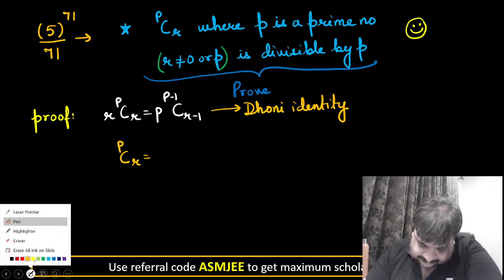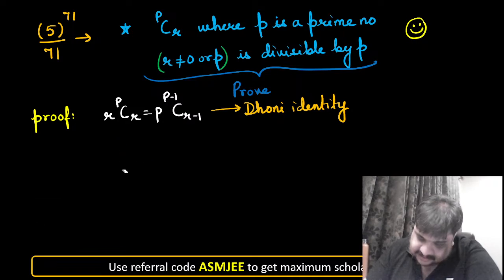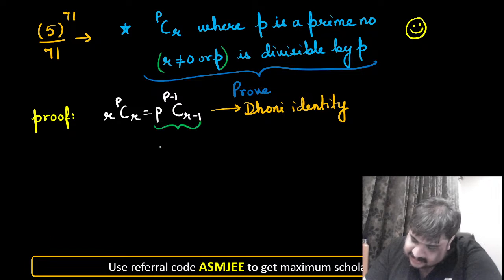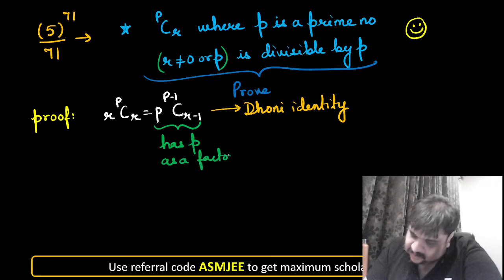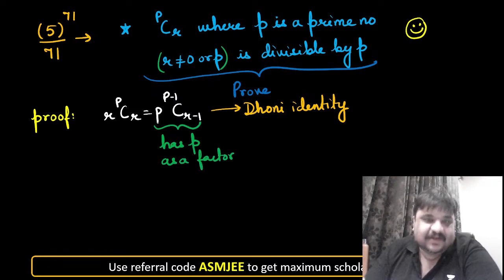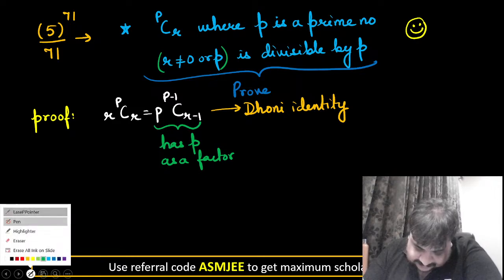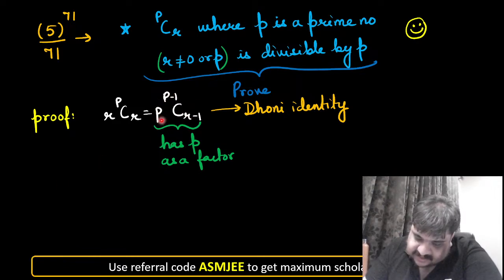Now see, look at this very carefully. This side has P as a factor. Obviously, this is P, right? It must be having P as a factor. This side has P as a factor. Yes or no?